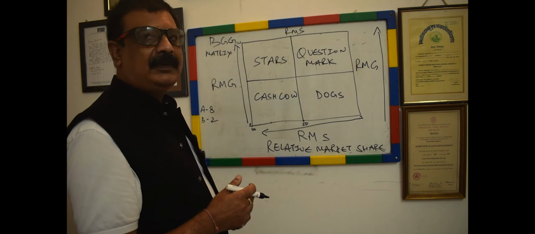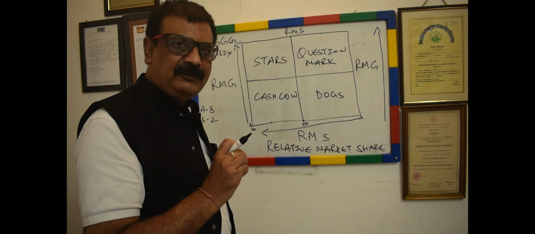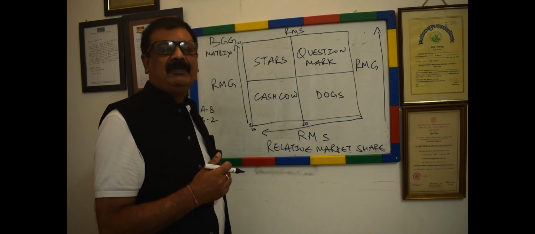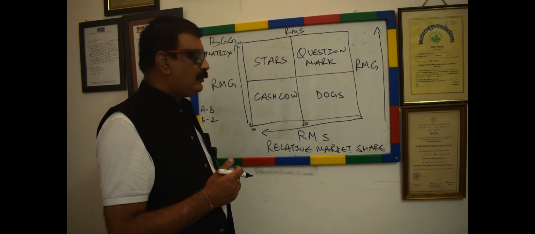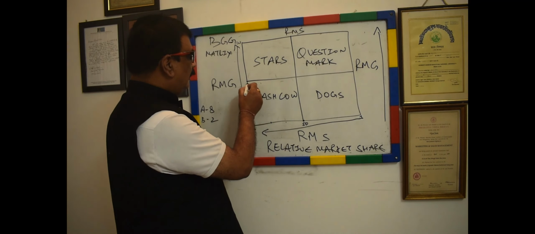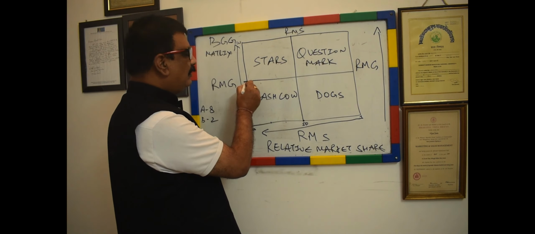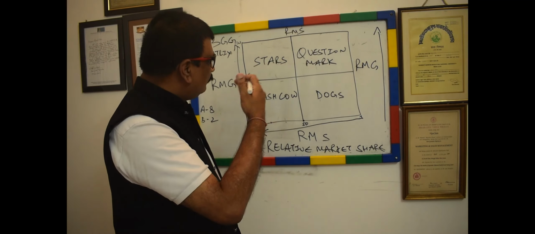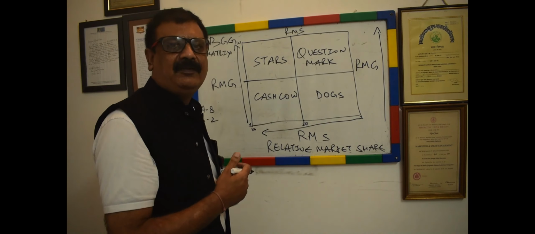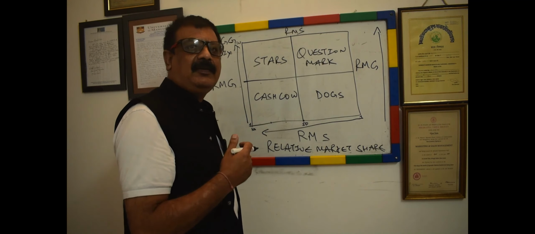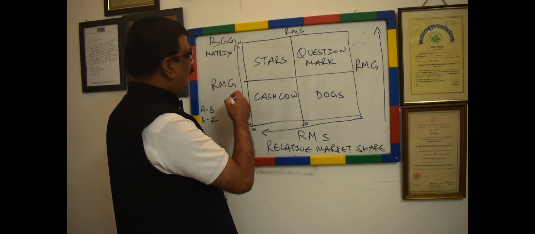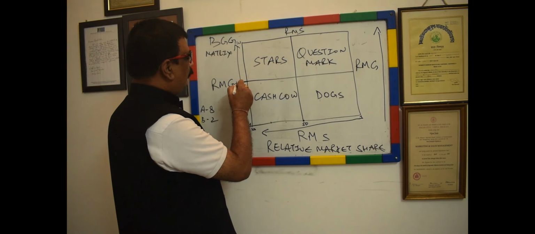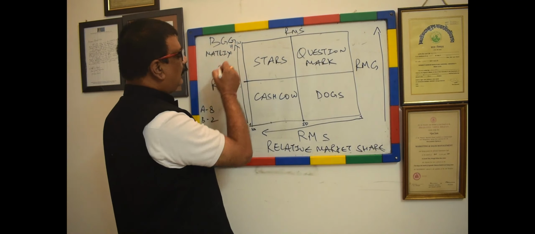So relative market growth is, now in a small car market, less than 4 lakh category, the market is growing at a very, very fast rate, which means this again is the midpoint, and the market is growing at a very attractive, very high rate. Now we obviously call it low, moderate, high.